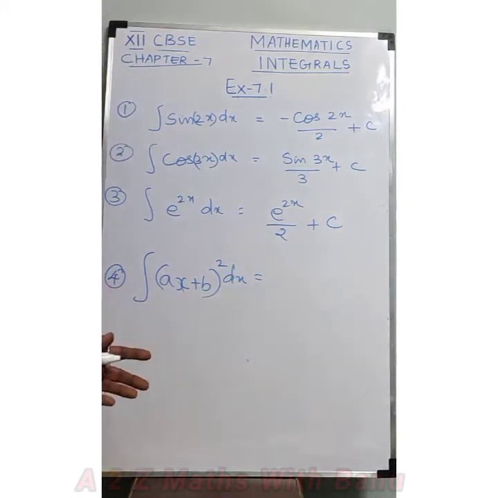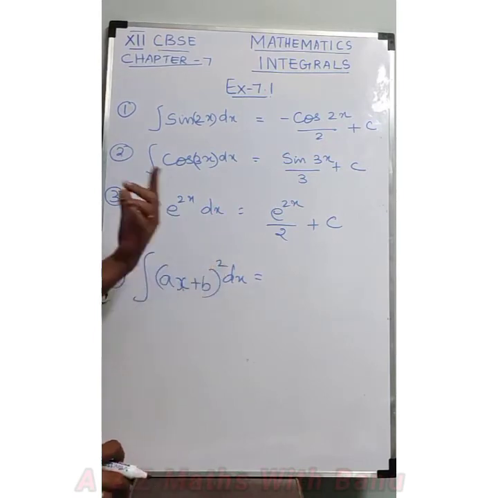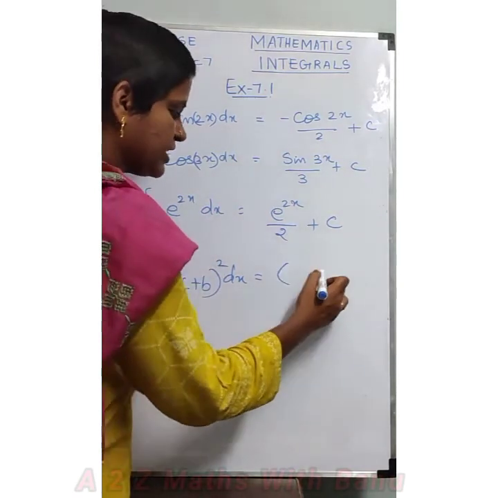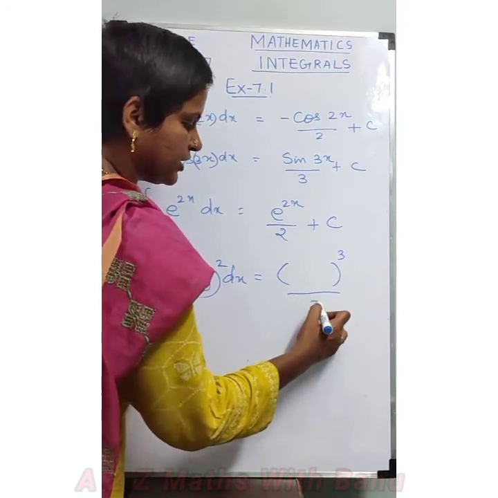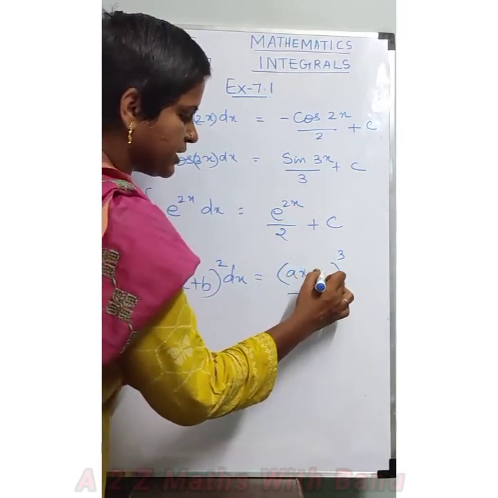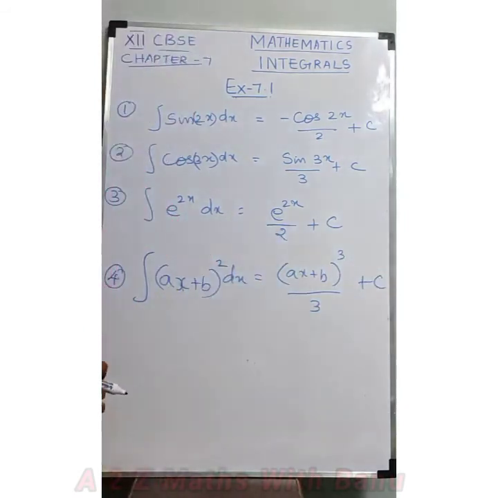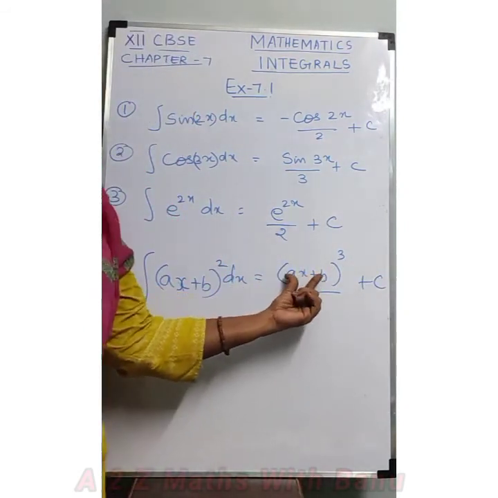Here let me consider the whole term as x itself. x square, whose integration is going to be x power 3 by 3. That is ax plus b the whole cube by 3.